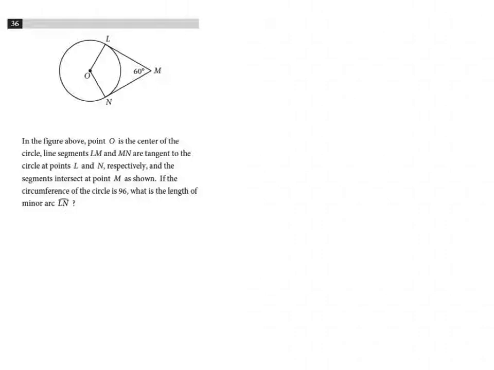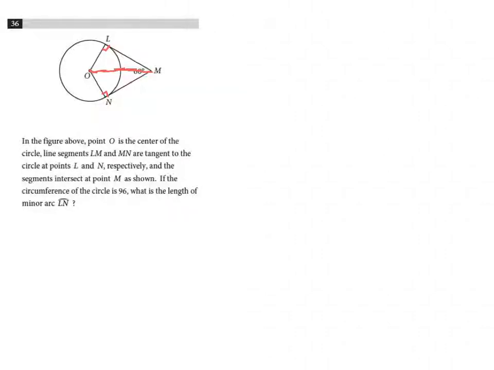I know that if a line is tangent to a circle, it intersects at 90 degrees. So I know that this is going to be 90 and this is going to be 90. Then if I cut this in half right here, I know that I'm going to have two identical triangles.